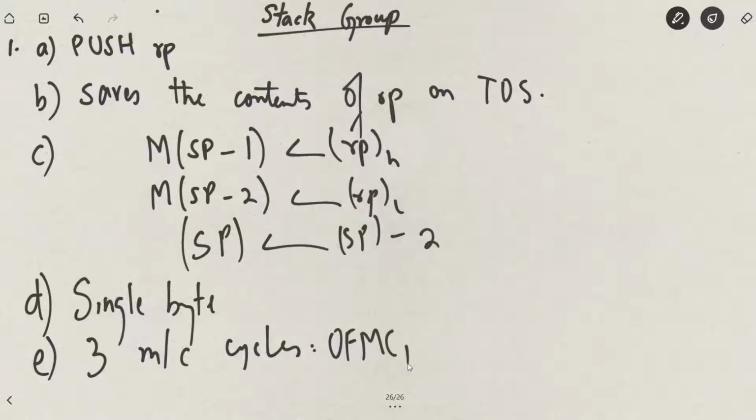The next 2 machine cycles, what will those be? Since we are writing onto the stack memory, we will have 2 stack pointer related memory write machine cycles. In one memory write machine cycle you write the most significant byte, and in the next memory write machine cycle you write the least significant byte of the register pair onto the stack.